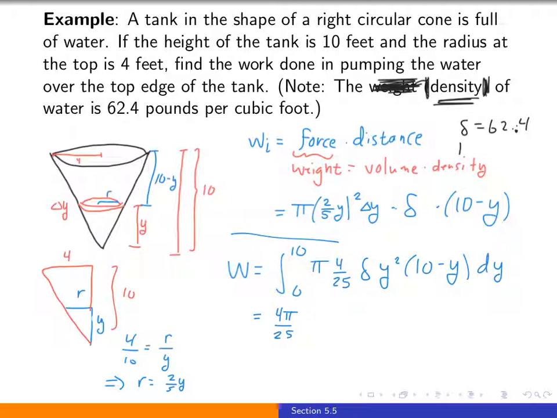Inside, we think of this y squared as distributing, so 10y squared minus y cubed. So we anti-differentiate term by term, so 10/3 y cubed minus 1/4 y to the 4th, and we're evaluating from 10 to 0.